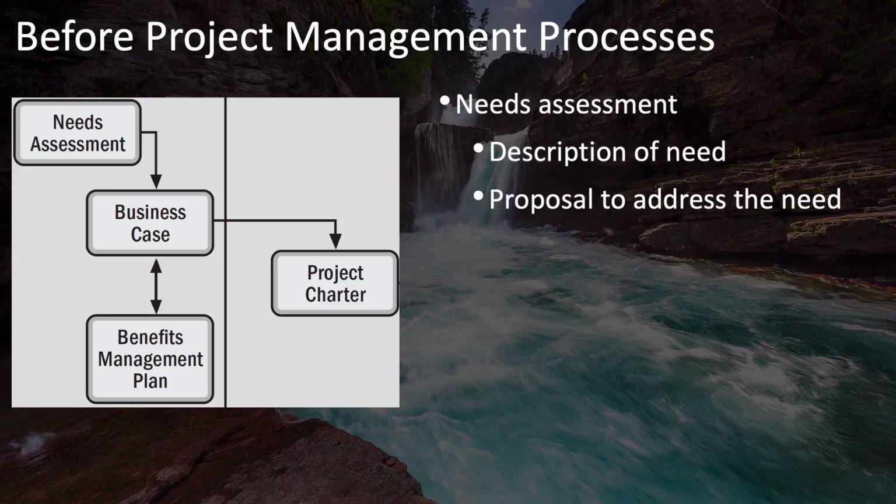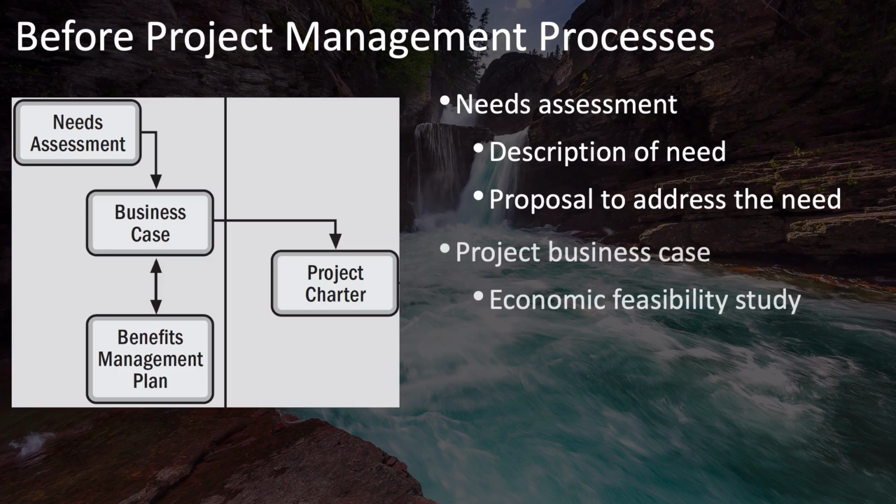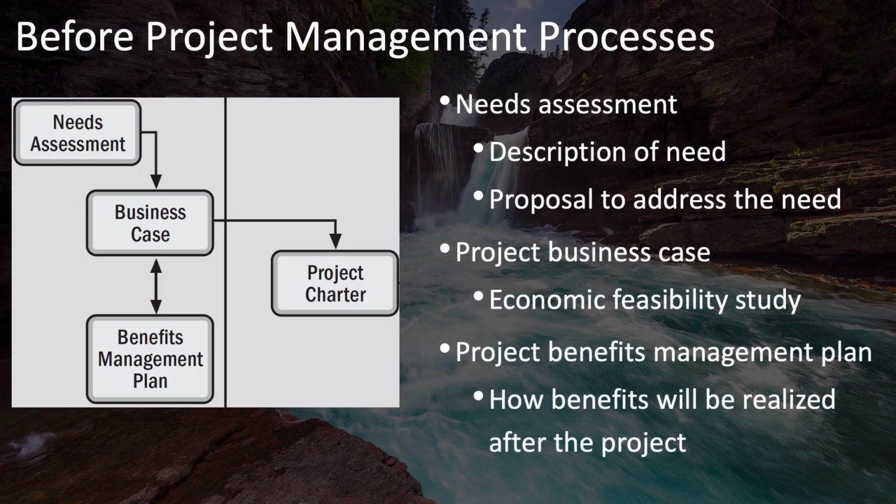The needs assessment describes the need for the project and presents a proposal to address this need. The project business case then provides the economic feasibility study to support or justify the project. And the project benefits management plan details how the benefits will be realized after the project is completed.